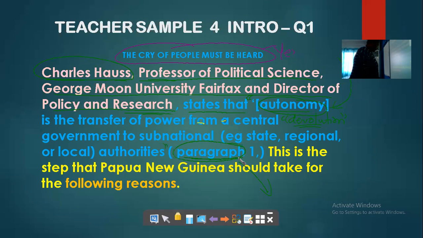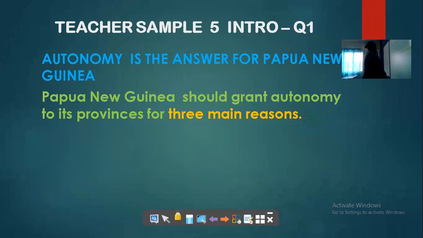And the last sentence to this is the step that Papua New Guinea should take for the following reasons. All right, again, creating a link to the next paragraph. And I have here also the very simple form.